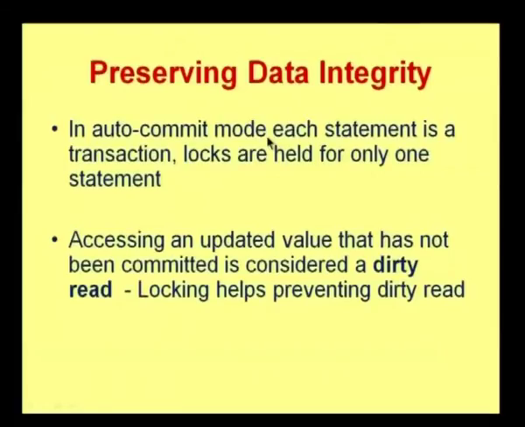So you can see here, in auto commit mode, each statement is a transaction. Locks are held only for one statement. If I am in auto commit mode, it means that each transaction will be directly updated in the database, so I don't have an option of rolling back. In that case, you are maintaining your data integrity. That is for one lock.